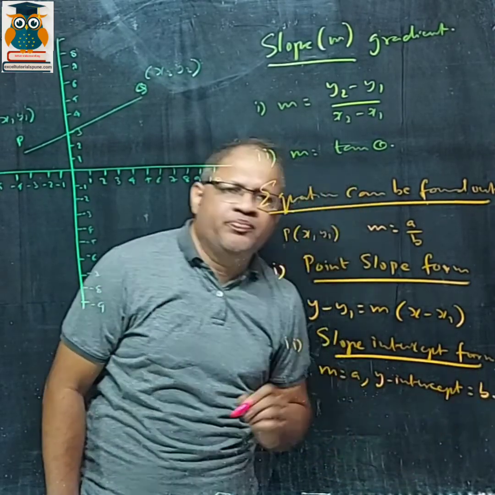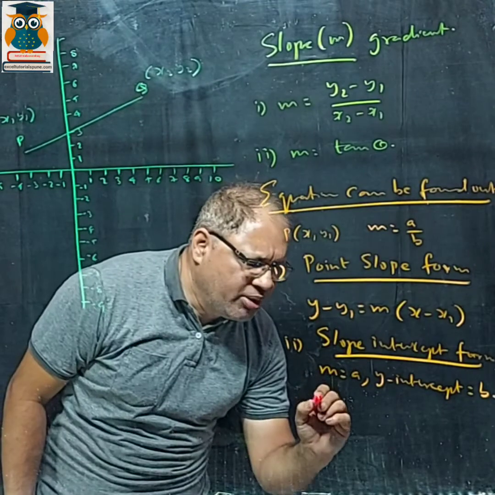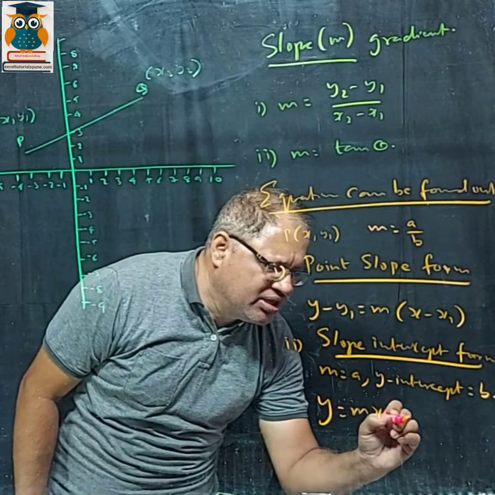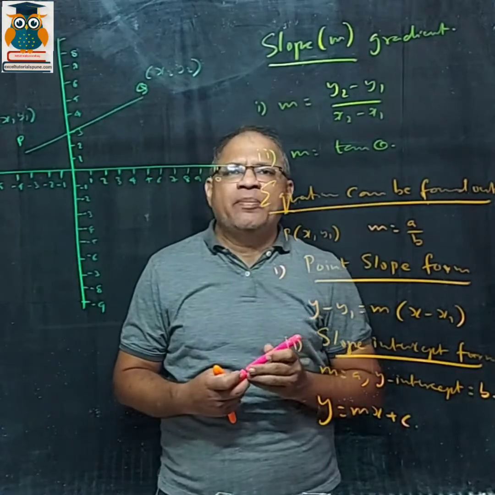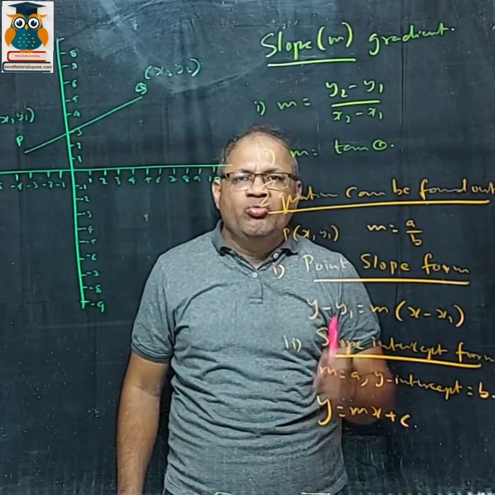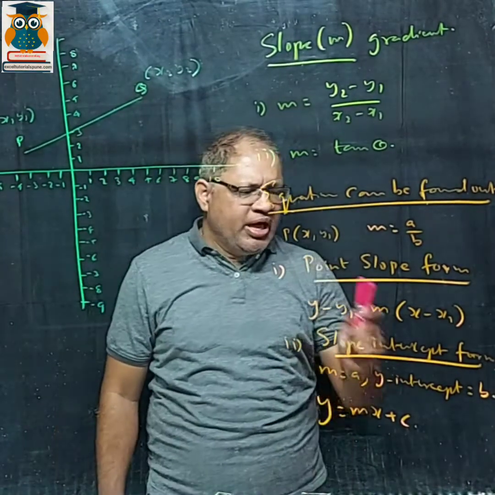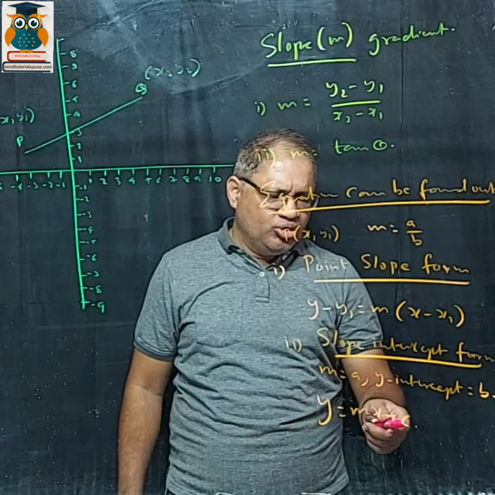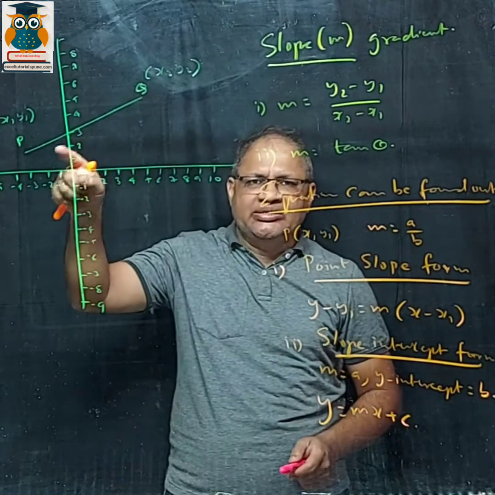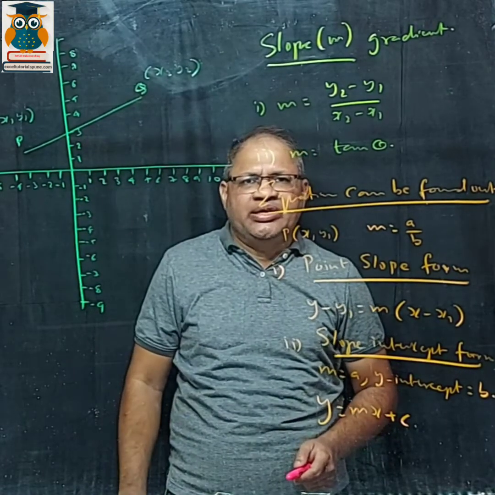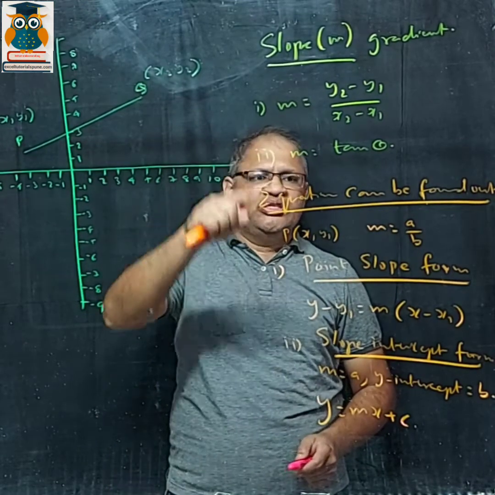Whenever the y-intercept and the slope are given, you can use the formula y is equal to mx plus c. Here c is the y-intercept. In this line, the y-intercept is 3.